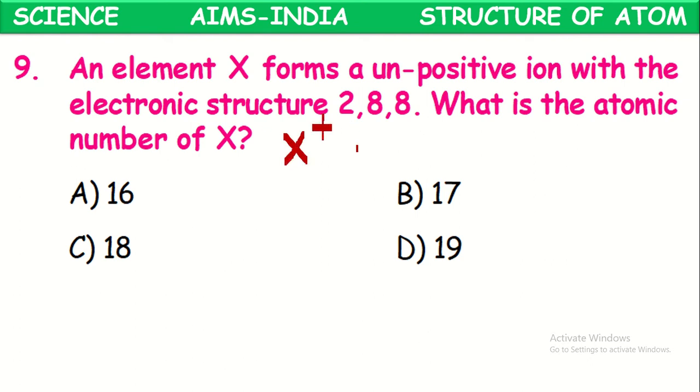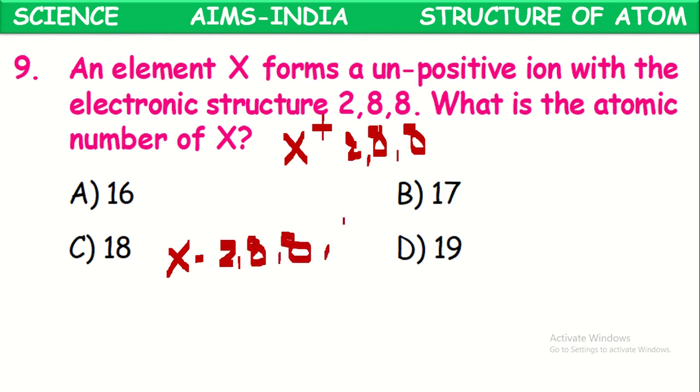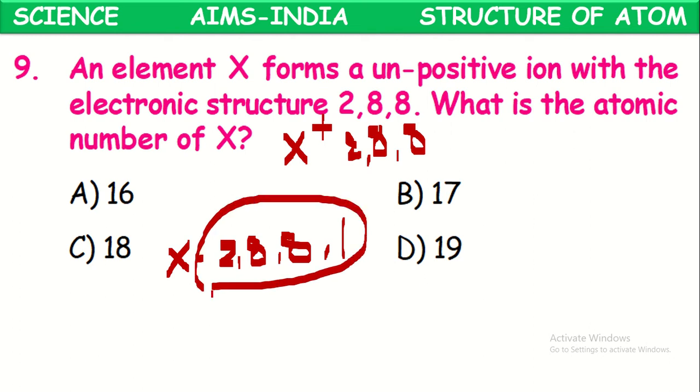Its configuration is given as 2, 8, 8. Okay. Now, what will be the electronic configuration of X? That will be, it is unipositive ion, means it is formed by the loss of an electron. Without losing of electrons, how many electrons will be in this? 2, 8, 8, 1.